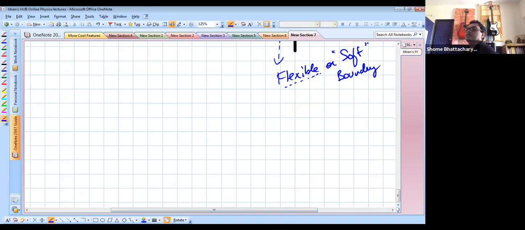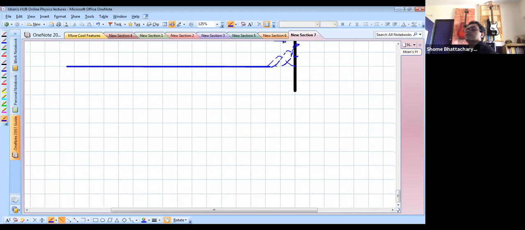In fact, as this pulse comes and hits against the boundary, first something like this will happen, then something like this will happen, then again it will come back to this position, and so it goes and then returns back like this.